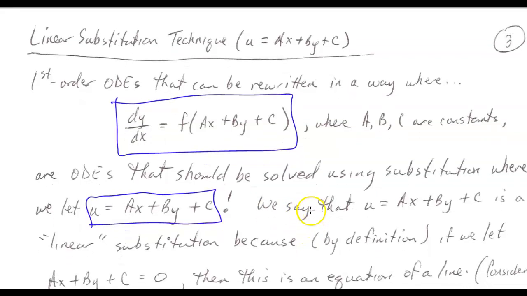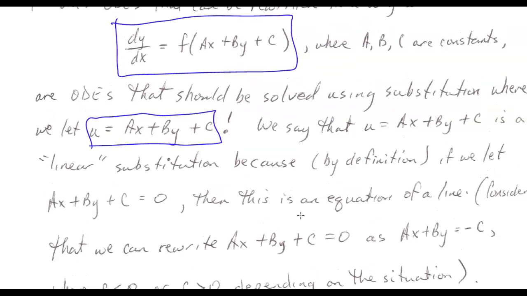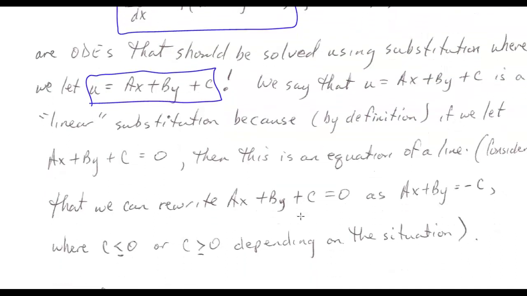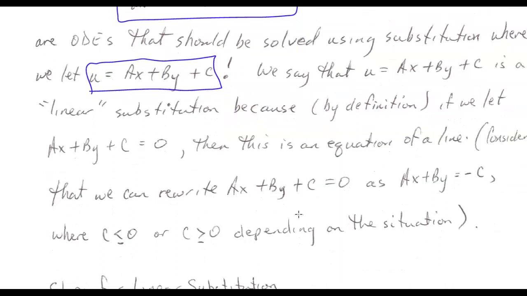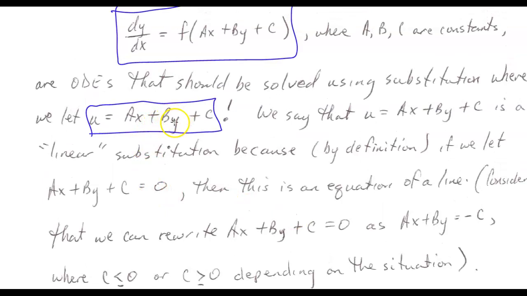Now, once we figure out what we're going to let be our linear substitution in these instances, the goal at that point is to take that substitution and to be able to, number 1, solve for y, okay? And then after we solve for y, we'll also take the derivative of y with respect to x.